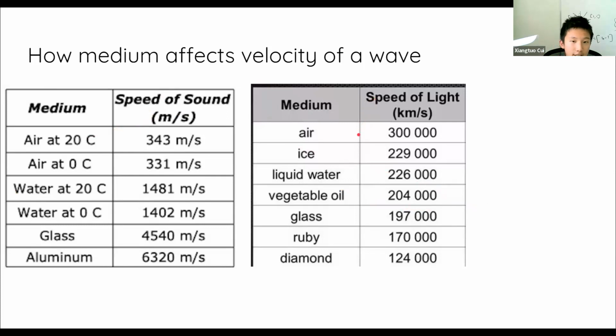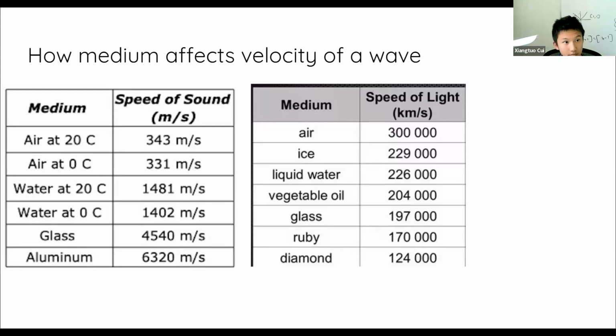The speed of light in air is probably the quickest, but the speed of light in diamonds is much slower, almost more than half slower than light going through air. And this is also because of the different mediums. Here we see a contrast to sound. For sound, it goes faster in solid substances, but for light, it goes slower in solid substances.